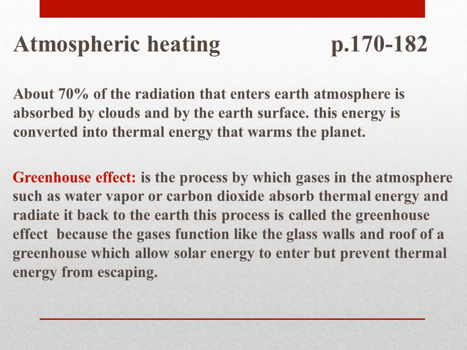This process is called the greenhouse effect because the gases function like the glass walls and roof of a greenhouse, which allows solar energy to enter but prevents thermal energy from escaping. So the radiation coming in from the sun must be approximately equal to the radiation escaping back to space.